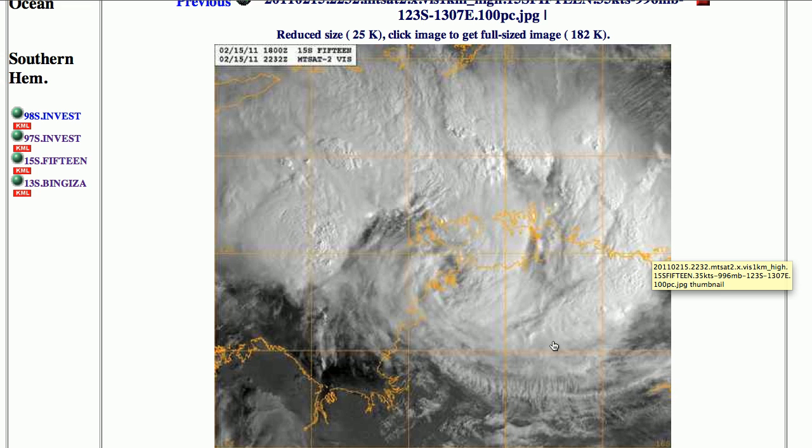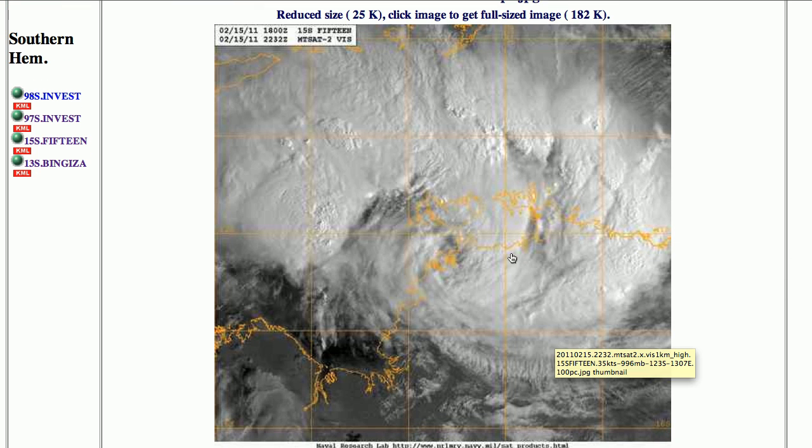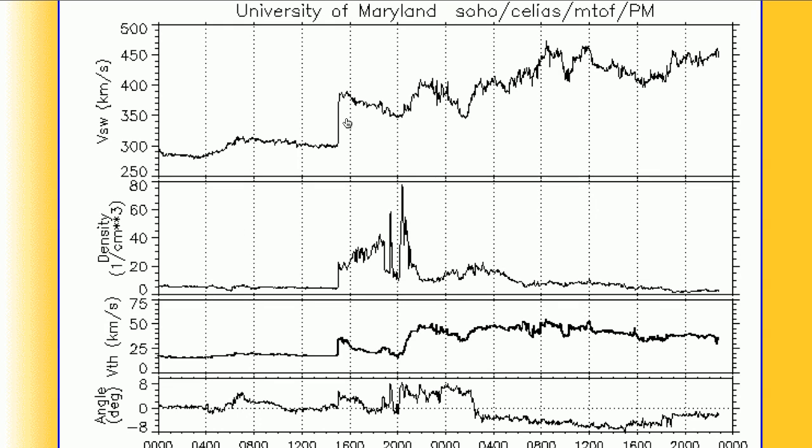And so I'm going to be watching this and the other disturbance closely. And there was a solar wind stream that picked up very, very suddenly on about 1600 on the 14th. And I'm looking for this solar wind stream to increase as this disturbance comes in.